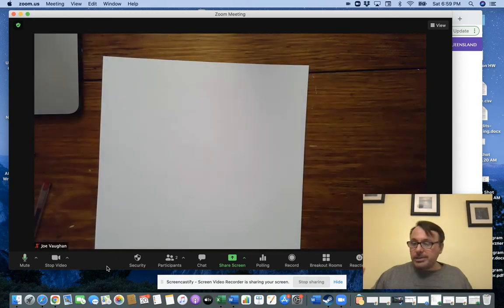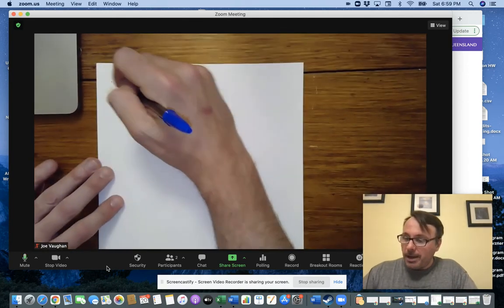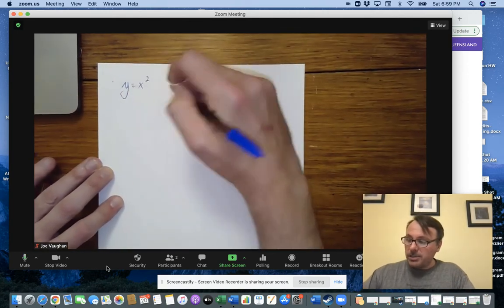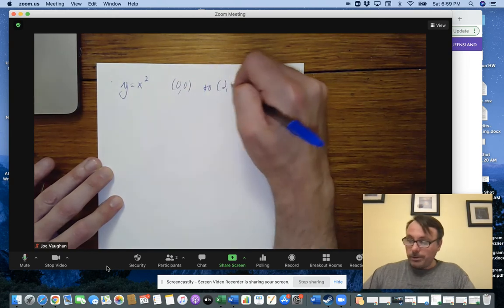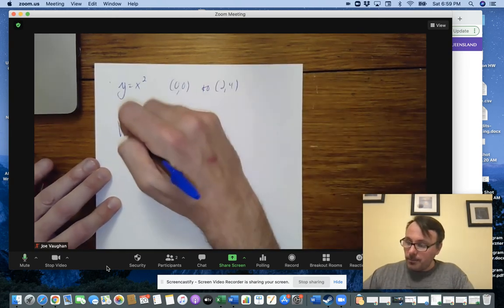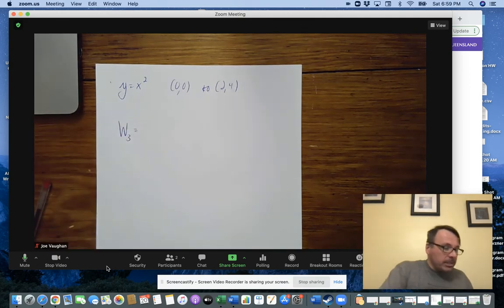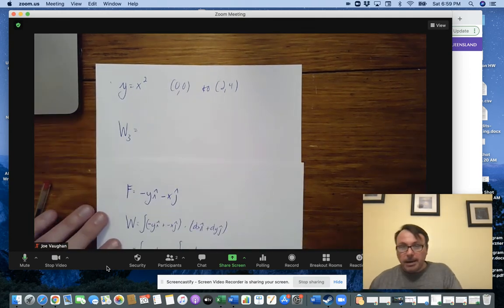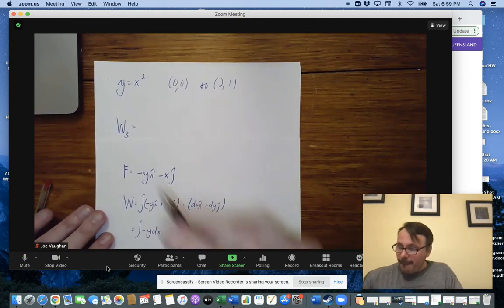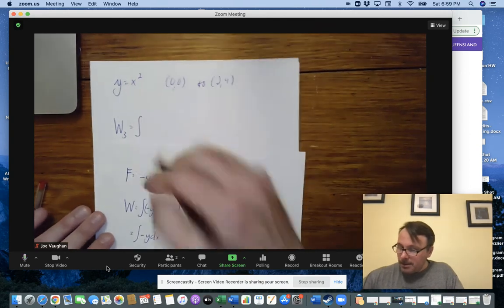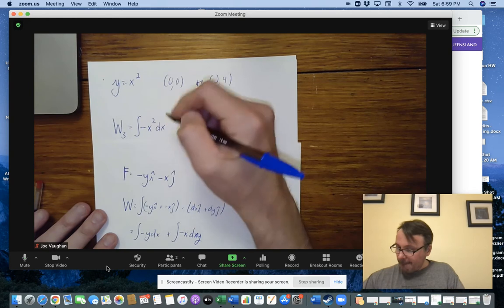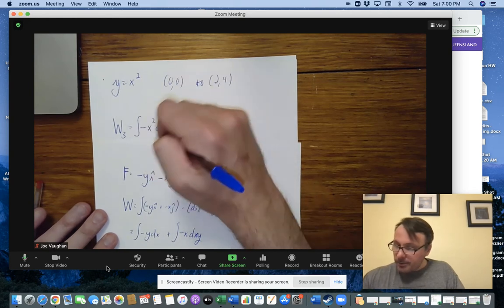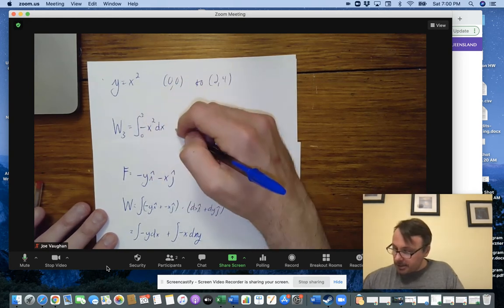All right, so let's do path 3. Path 3 is along the line y equals x squared between 0, 0 and 2, 4. Right, so here we go. So work 3, once again, using my template, I'm going to go from negative, well, this is x squared dx, great, and between 0 and 2, so just the direct substitution.